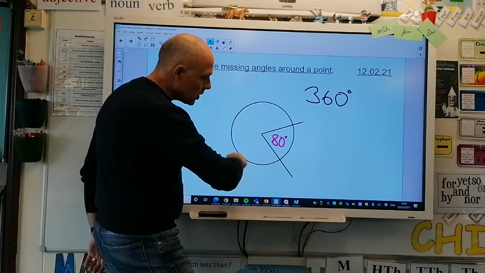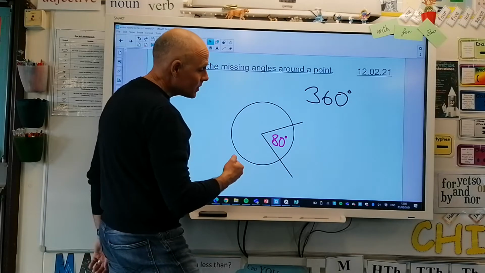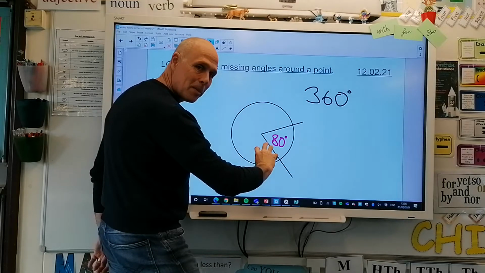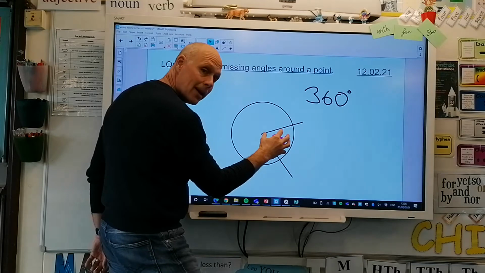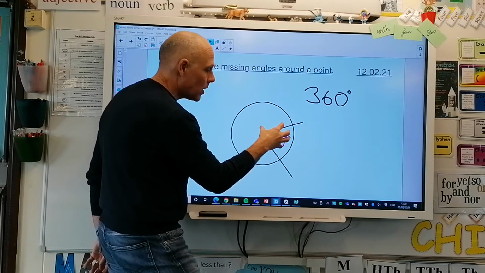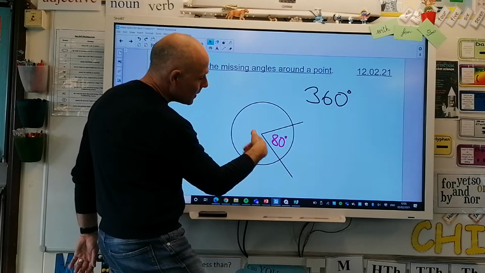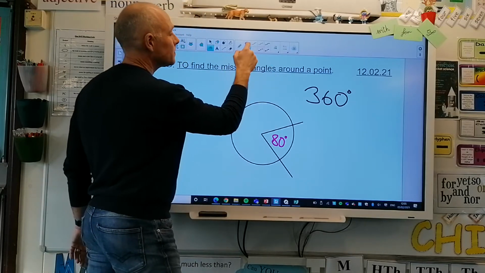The whole turn is 360 degrees. So, how am I going to find the missing angle? You're right. Subtract the 80 degrees, the angle that we know, away from the whole turn, and that will leave us with what's left.